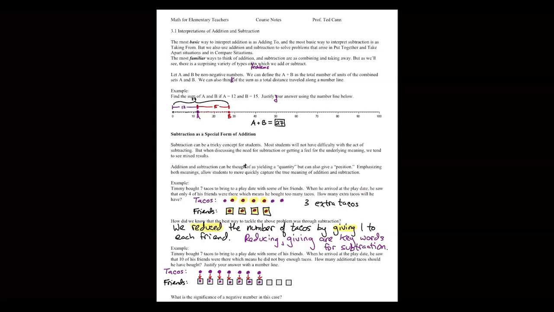All right, so these, no tacos. All right. So they didn't get any tacos, which means I'm short 3 tacos. All right. So Timmy should have bought 3 more tacos.